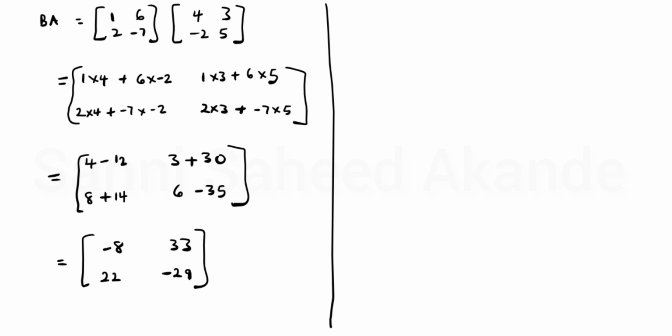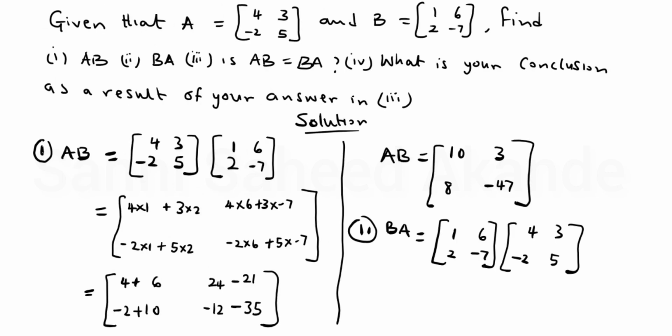Now Roman figure 3, the question says, let's go back to the question. So the question says, is AB equal to BA? Now see what we got for AB, compare it with what we got for BA. Is it the same thing? So that's what we want to do next.